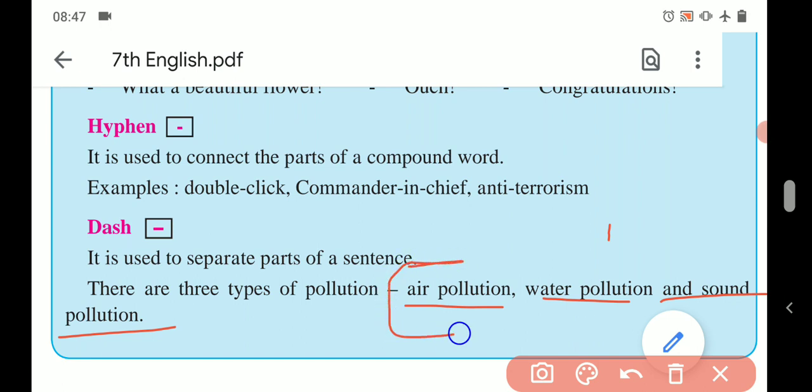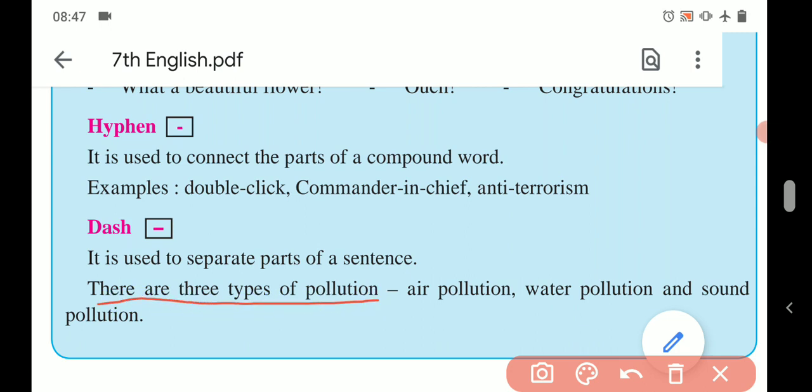So this is the first part of a sentence, that is there are three types of pollution, and remaining part, air pollution, water pollution, and sound pollution, it is another part. These two parts of this complete sentence are joined using this punctuation mark, which is called dash. So remember, dash is used to separate the part of sentence.